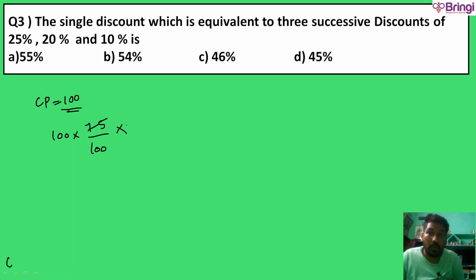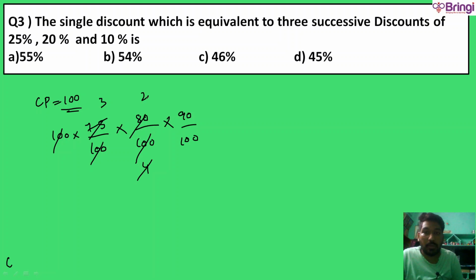Then they gave 20% discount, so it is going to be 80 by 100, and then 10% discount, so it is going to be 90%. So 100 cancels, 25 3 times, 25 4 times, and 4 table 80 20 times, 20 table 100 5 times, 5 table 90 18 times. So the answer is 3 into 18. It is going to be 54%.